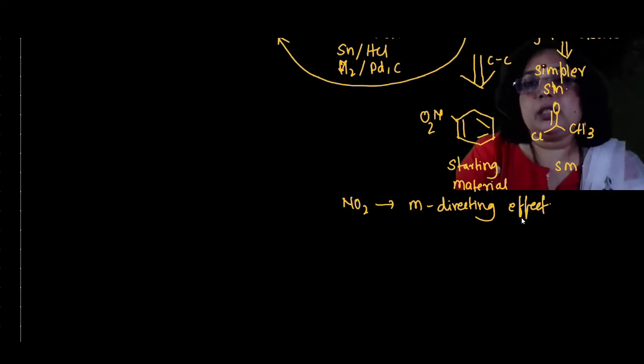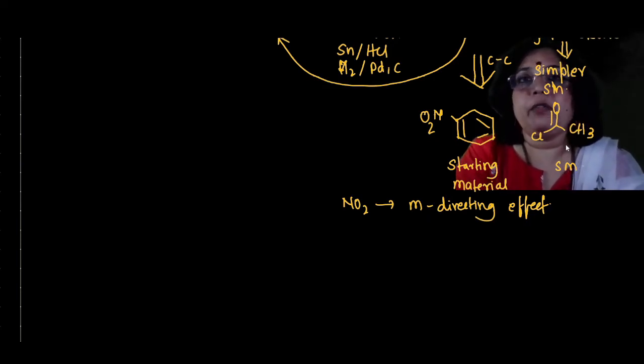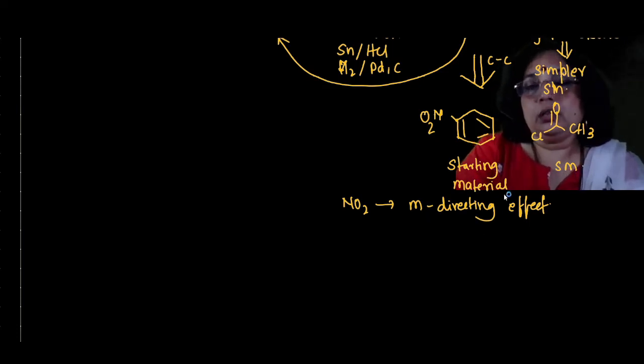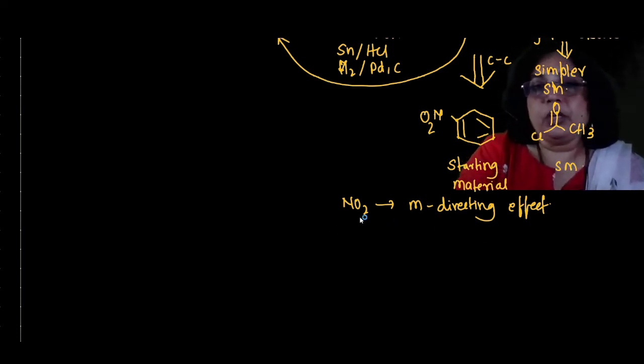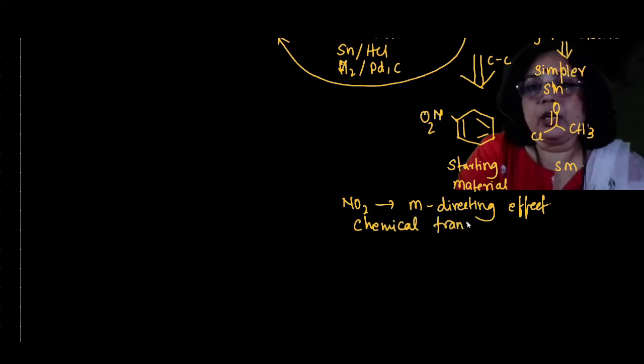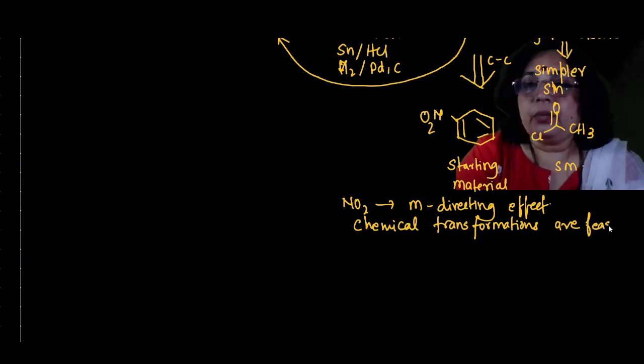In this case, this is a commercially available starting material. This is also commercially available. Now these chemical transformations are feasible. We can see that they are favorable, feasible transformations.